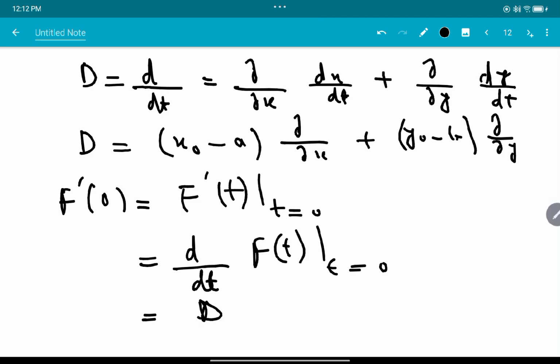Instead of f t, we can write f x y, but to be evaluated at a b, because the initial point which corresponds to t equal to 0 in Cartesian coordinates corresponds to a b. So this is our first derivative, f dash 0.